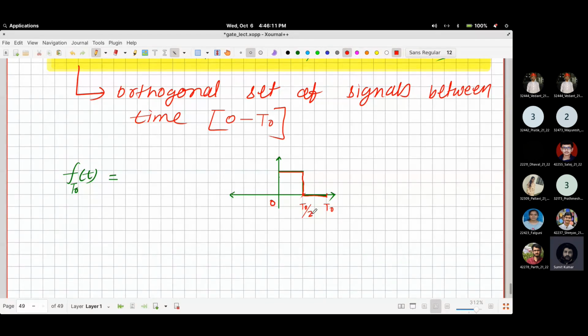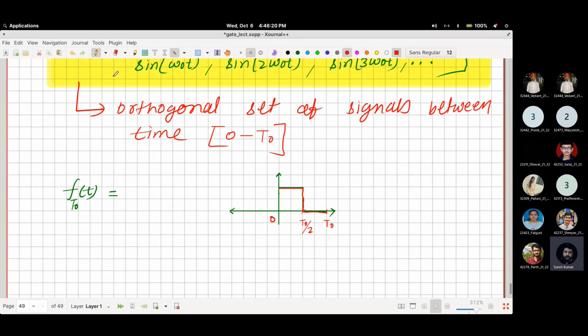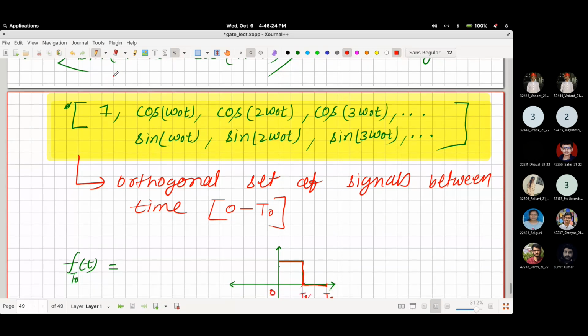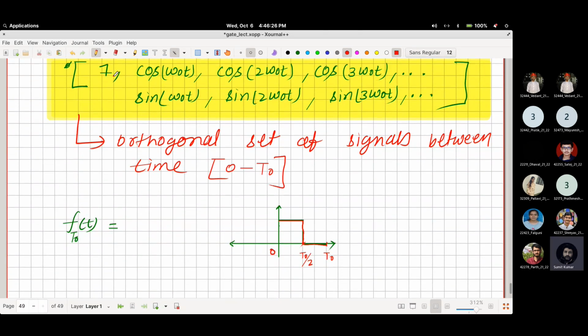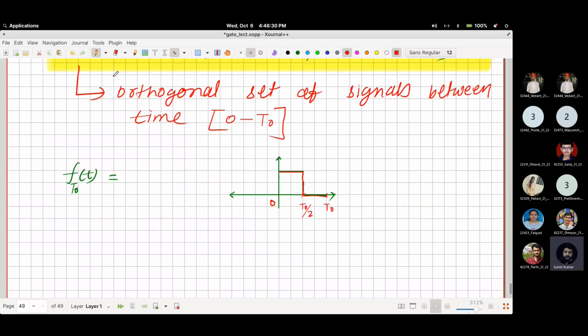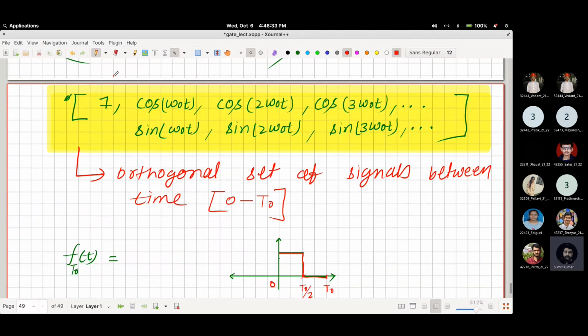Yes. So if we have a function like this, we can represent this in terms of these basis vectors, right? I told you that if we have an orthogonal set of vectors, a complete set of vectors, then we can represent any vector in terms of those orthogonal vectors.